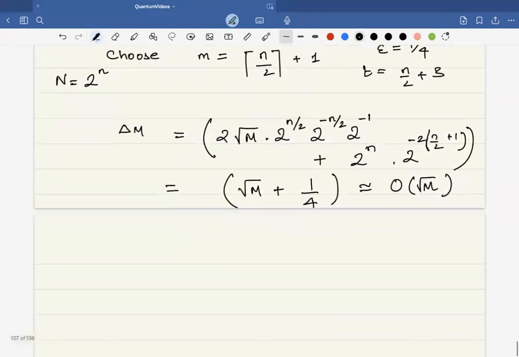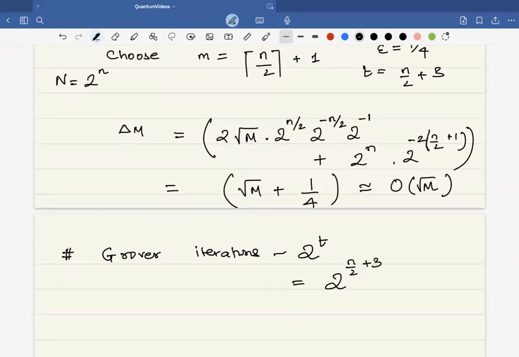And how many Grover iterations? The number of Grover iterations is 2 to the t, which is equal to 2 to the n over 2 plus 3, which is of order square root of N. And the probability of success is 1 minus epsilon, equal to 3 over 4.